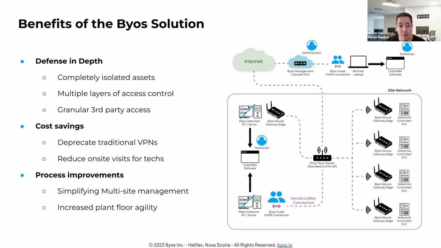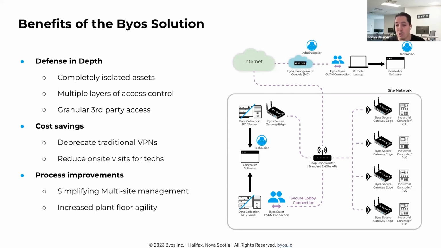In this demo, we focused a lot on defense in depth: isolating assets onto their own microsegment so that they're invisible to the rest of the network, the different layers of access control, and the ability to granularly enable access to specific resources. That's a very novel capability that not a lot of other vendors have on the market today.